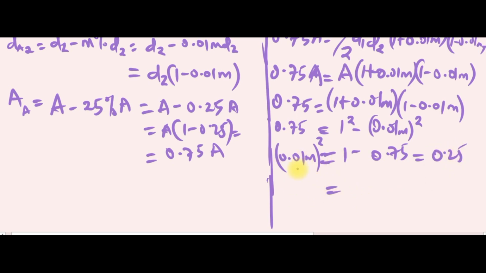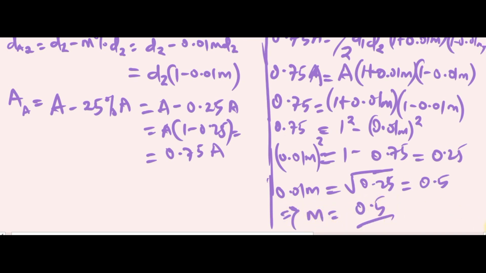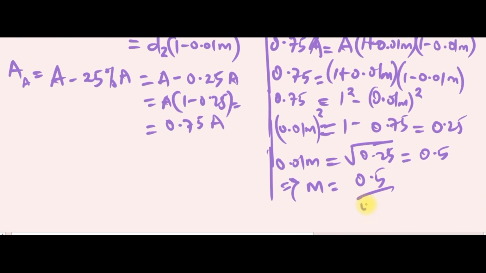Taking the square root, 0.01 m equals the square root of 0.25, which is 0.5. It implies that m is 0.5 over 0.01, which is 50. So our m is 50.